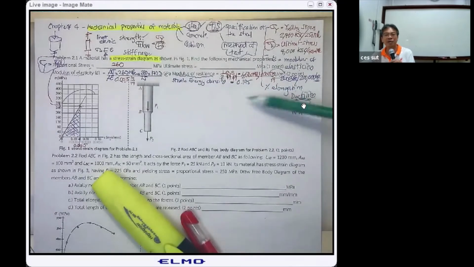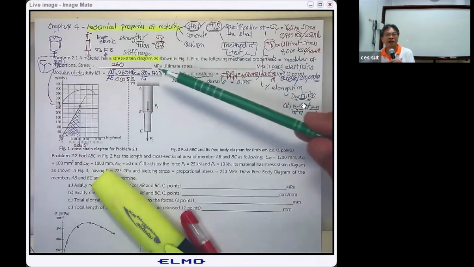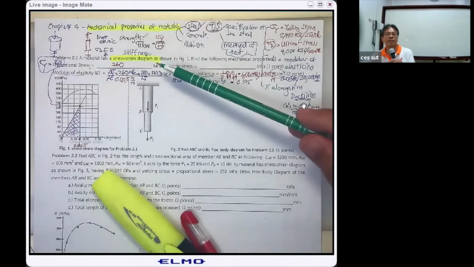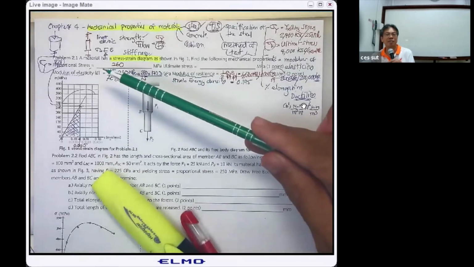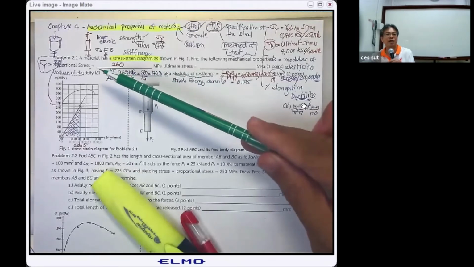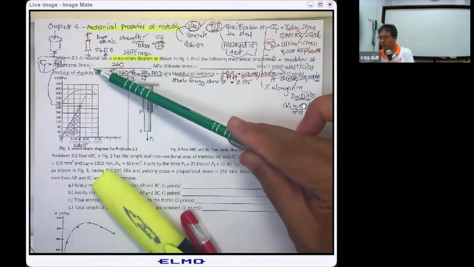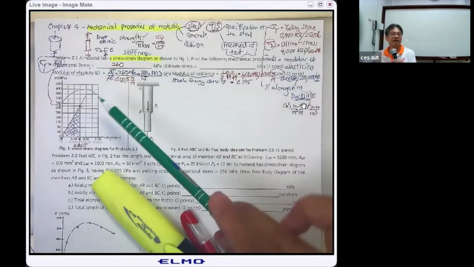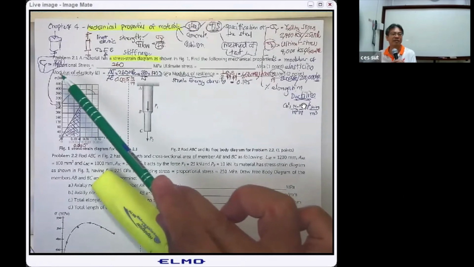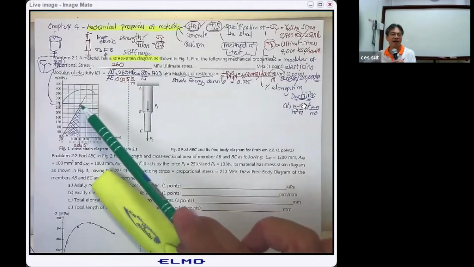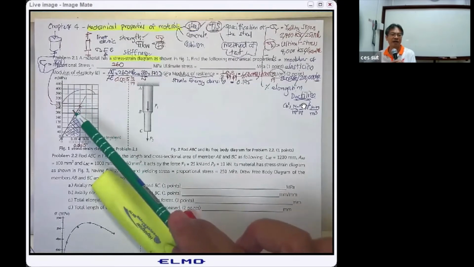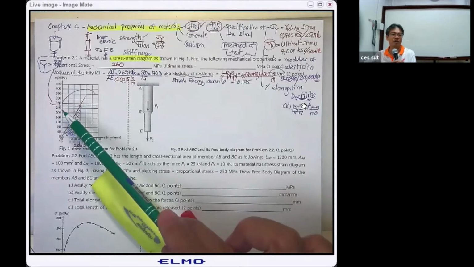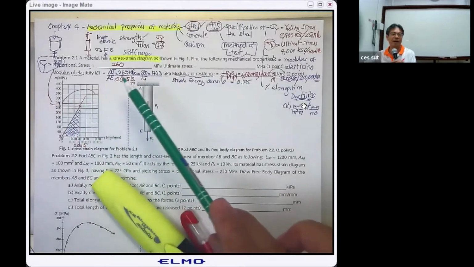And then I come to the stress strain diagram to determine the proportional stress. I said most of the time we assume the proportional stress is equal to the yield stress. Based on this, the last point where the curve is in a linear relationship is this point, and you can see this corresponds to 260 megapascal.